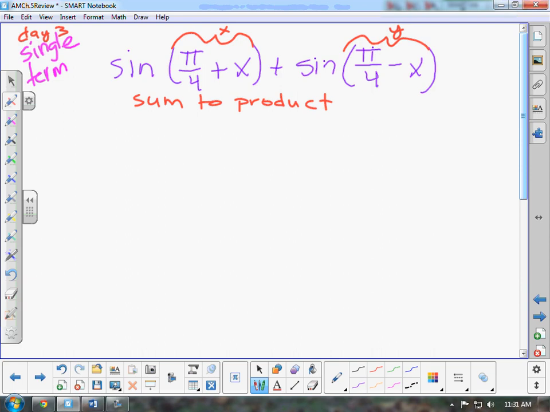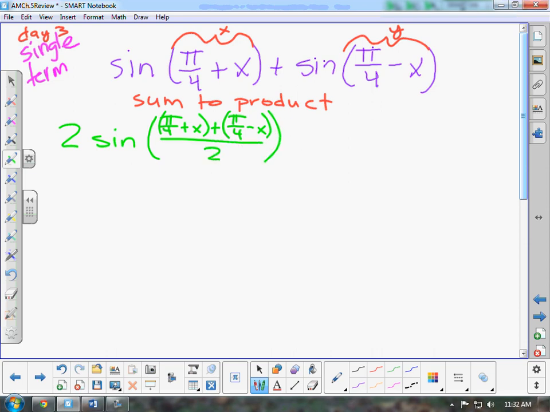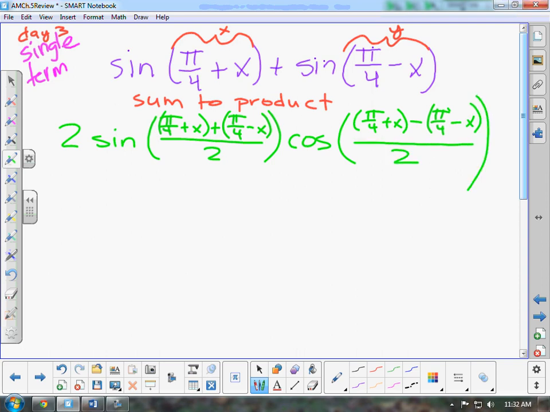In your sum to product identities, it would be 2, because you have sine plus sine. That formula is 2 times sine of (x plus y) over 2, so pi over 4 plus x plus pi over 4 minus x, divided by 2. And then it is cosine of (x minus y) over 2, so pi over 4 plus x minus pi over 4 minus x, and that is still divided by 2.